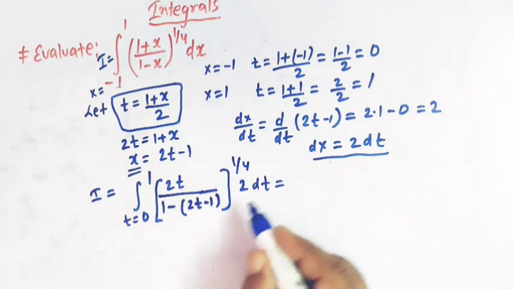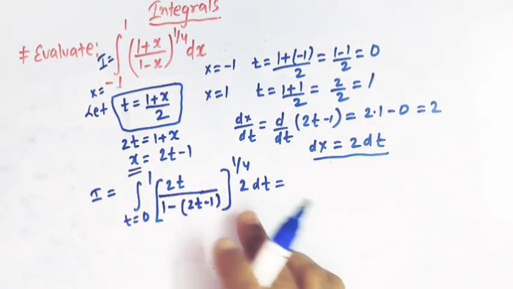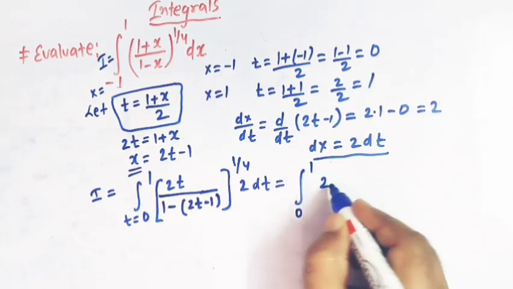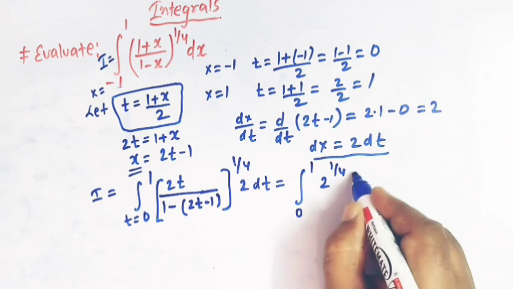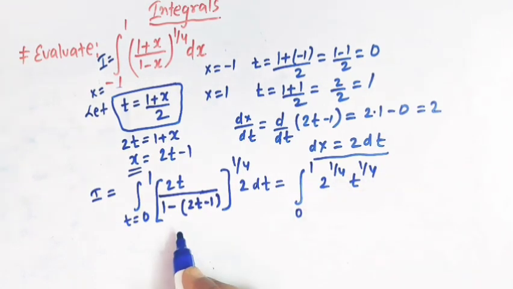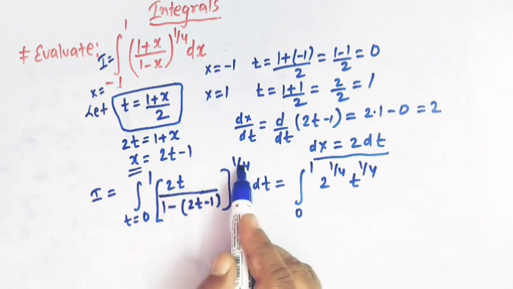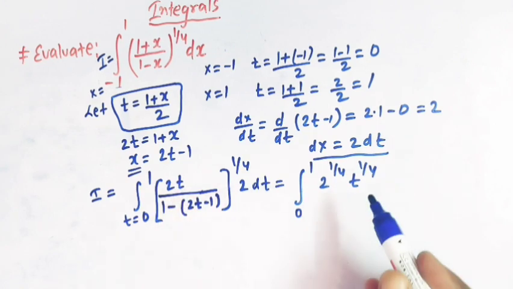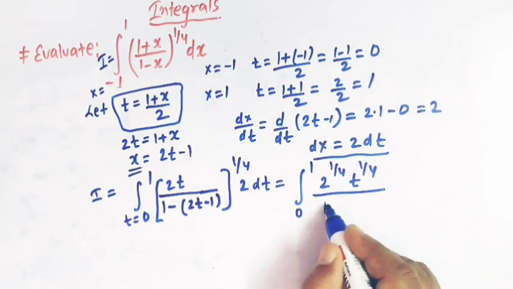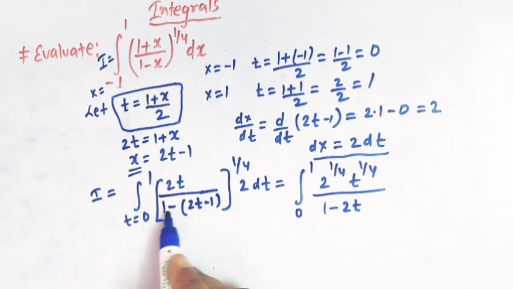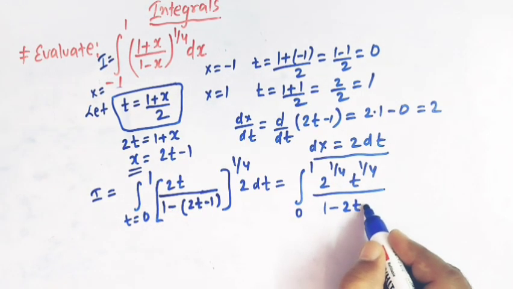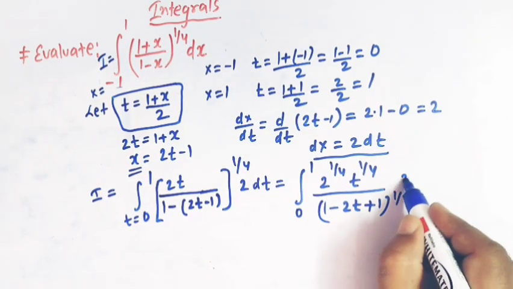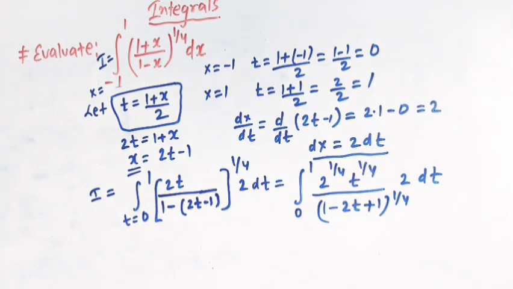Now we can simplify this expression. We have 0 to 1, and here we have 2 raised to 1 by 4, then t raised to 1 by 4, because we are distributing this power 1 over 4 into 2 and t. And here we have 1 minus (2t minus 1), where minus minus becomes plus, so we have 1 over 4, and 2 dt.